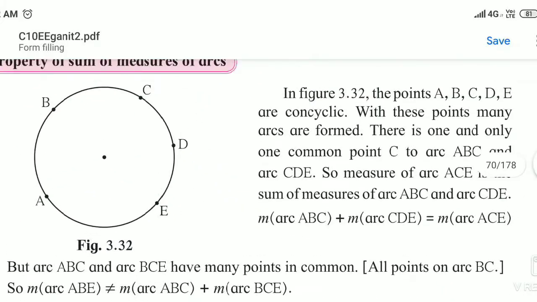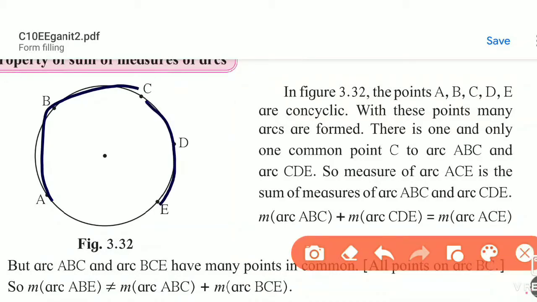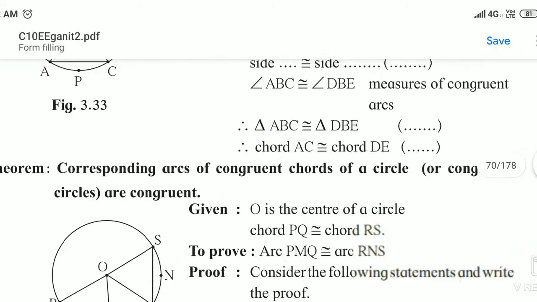But if we add ABD and BCDE, then BC, this part of the circle, is repeated, so the sum of ABC plus BCE is not equal to ACE. In that way we see this point.